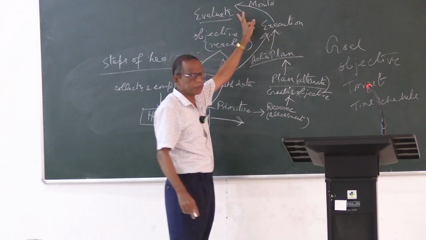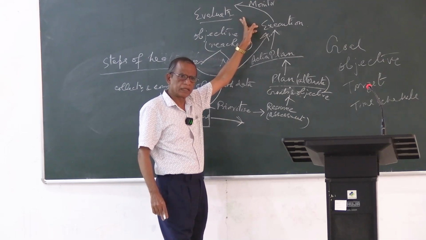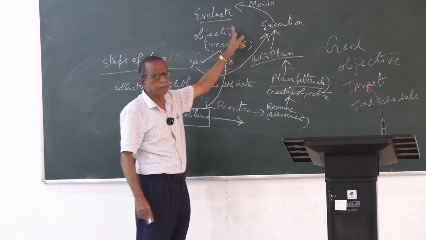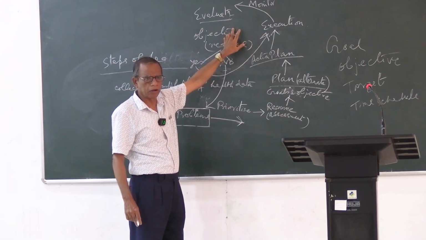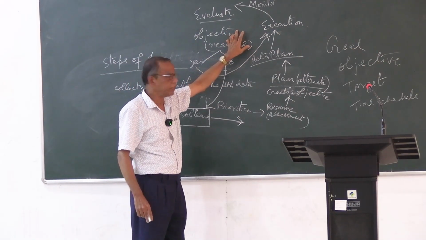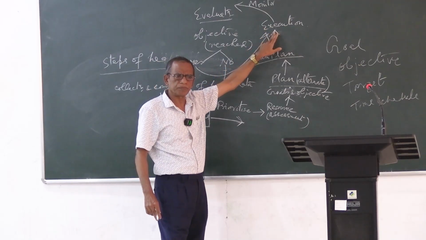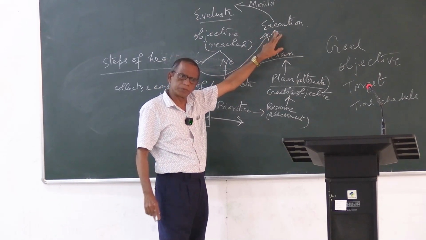And at the end of this program, we collect data and we analyze the data and we compare with our stated objective, whether we have been able to reach the objective or not. If yes, then we continue this program. Clear? That means we will execute this program.